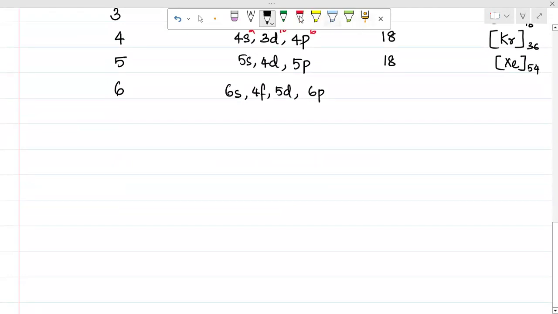So how many? 2 plus 14 plus 10 plus 6, 32. So 54 plus 32 is 86. And that corresponds to radon, Rn.